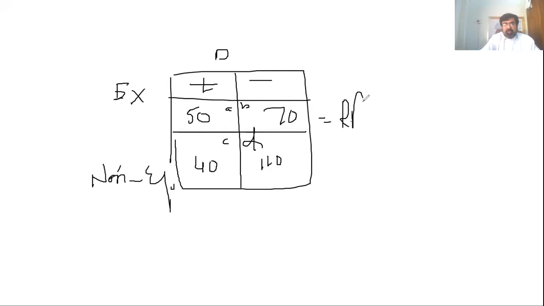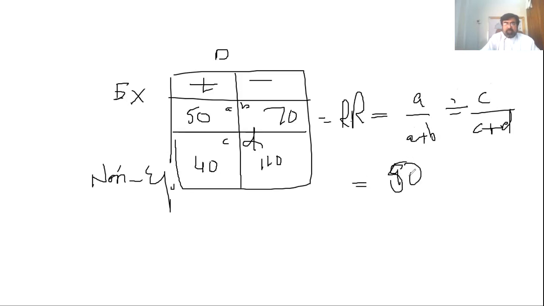The relative risk will be equal to A over A plus B, divided by C over C plus D, which is equal to A, which is 50, divided by 120, divided by 40, divided by 150.